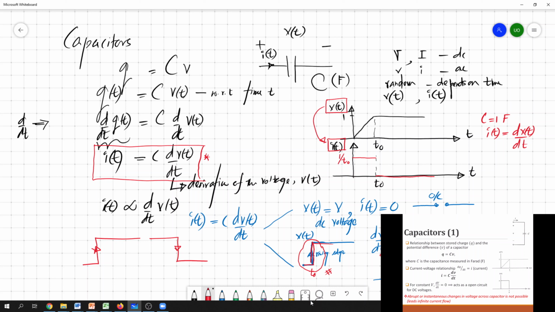So we assume that the capacitor cannot handle this kind of rapid change of voltage. All the time the capacitor can manage smooth variations, not rapid changes.